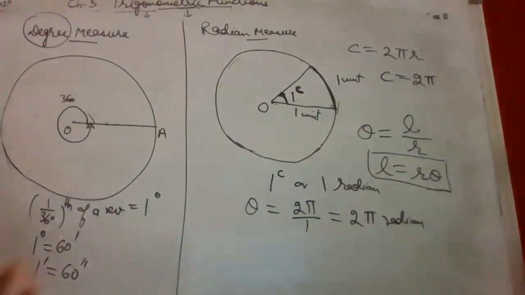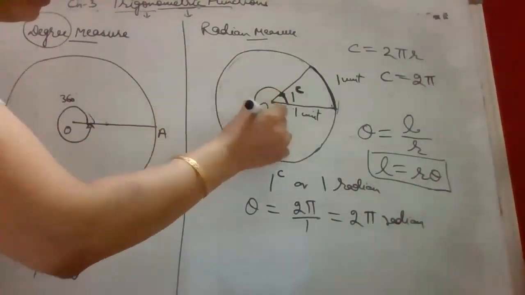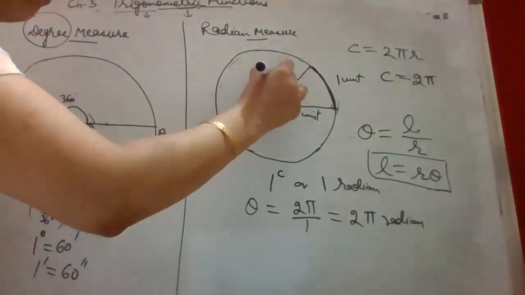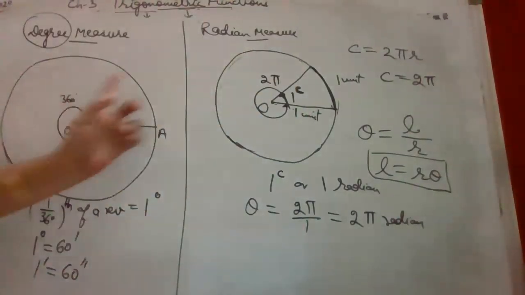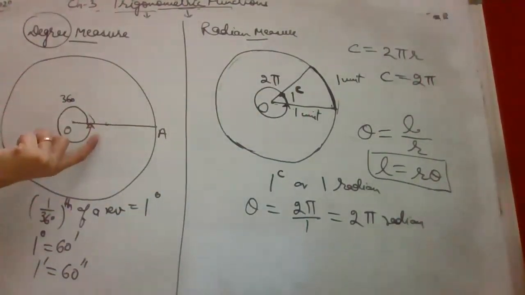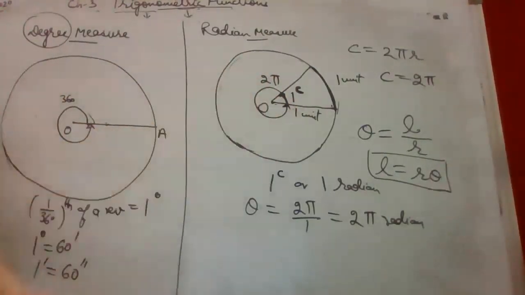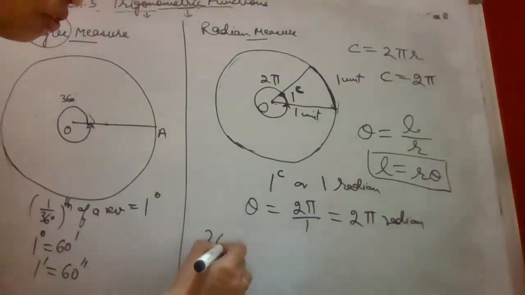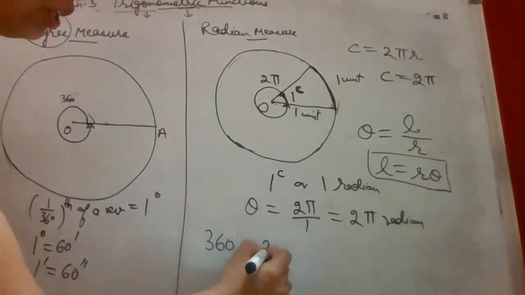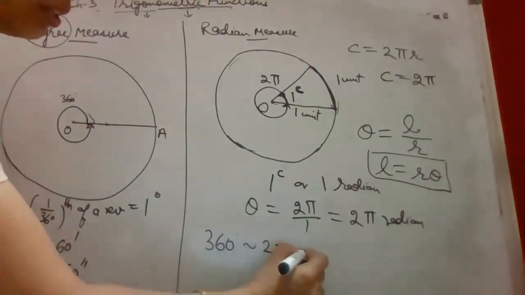So in a unit circle, the angle subtended at the center by the complete arc, or the circumference, is 2 pi radian. So the complete angle will be 2 pi radian. In the case of degrees it was 360 degree, and in the case of radians it is 2 pi radian. So we have the relation: 360 degree is equivalent to 2 pi radians.